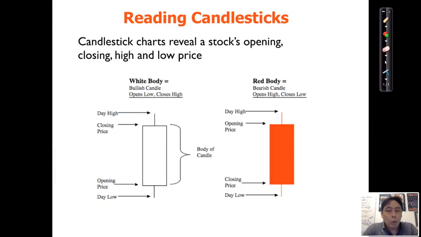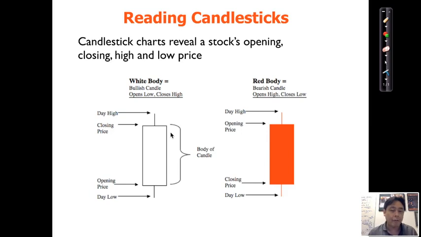So let's take a closer look at how we read these candlestick patterns, right? Now, candlestick charts are important because they tell us 4 things about the stock's price. It tells us the opening price, the closing price, the high, and the low price of that day, or that period in the case of 5-minute candles, right? So let's take a look at daily candles, in the context of each candle representing a day.